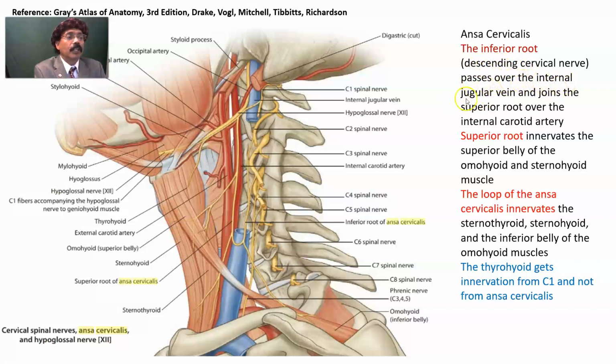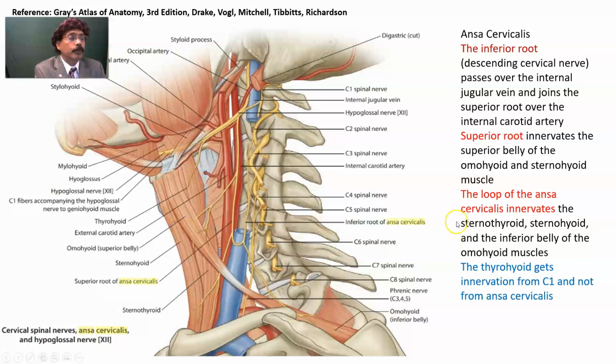It passes over the internal jugular vein, and joins the superior root over the internal carotid artery. They join together to form a loop, and this loop is the Ansa cervicalis.